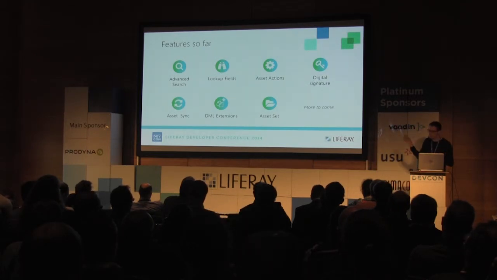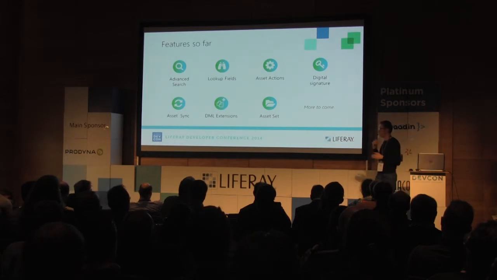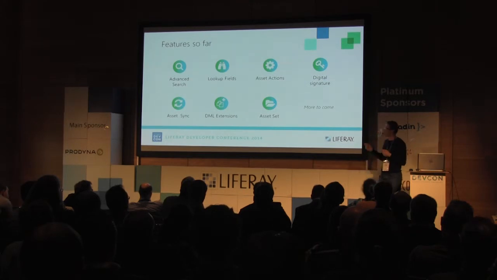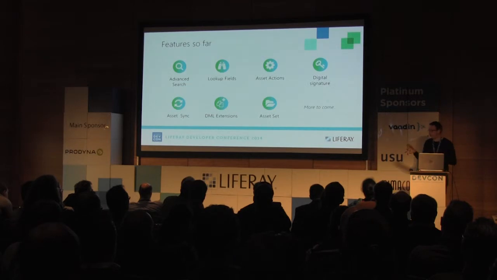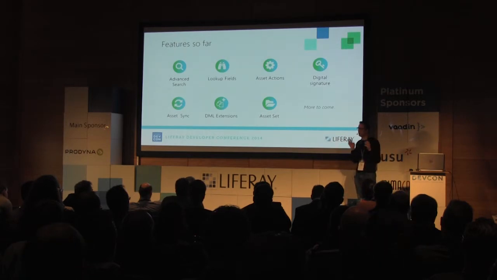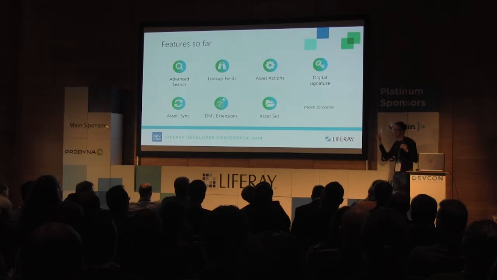We implemented also, for example, the asset action, so I can execute manual or automatic actions coming from some events. For example, when I update an asset, I can run something. We implemented the digital signature and the asset synchronization, which is a feature that lets you synchronize the Liferay content with external sources.